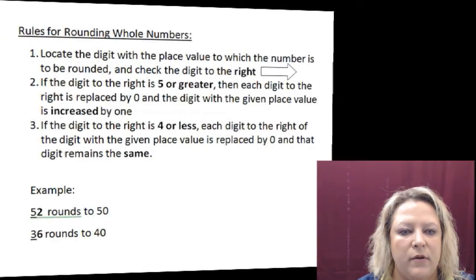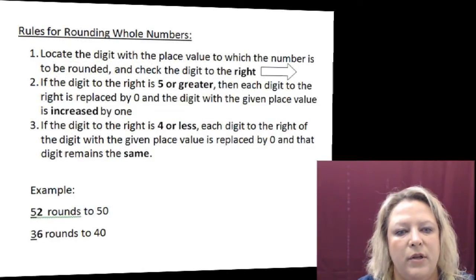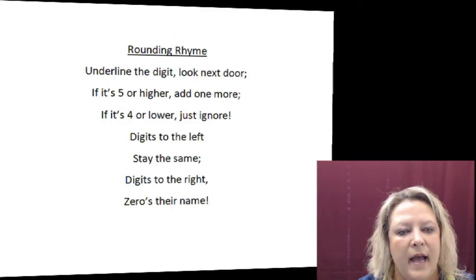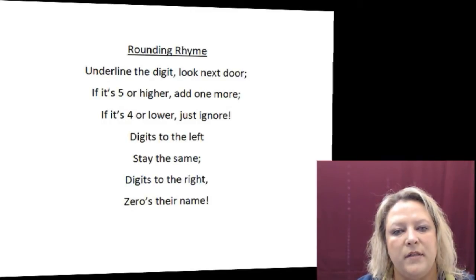It gives you an example and works through this. If you look at the screen, it tells you what to do. You locate the number to the right. If it's 5 or bigger, you go up 1. If it's 4 or smaller, you leave it alone and the digits behind it become zeros. It shows how 52 goes to 50, 36 rounds to 40, and I think of this as walking down the street.